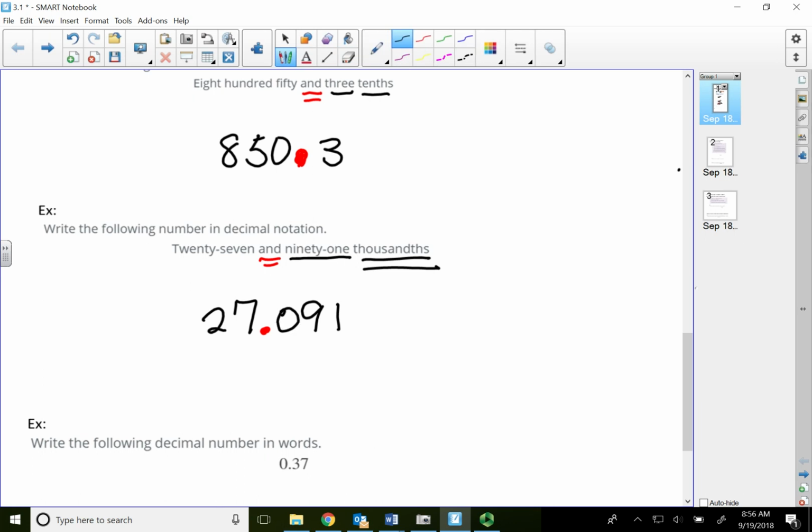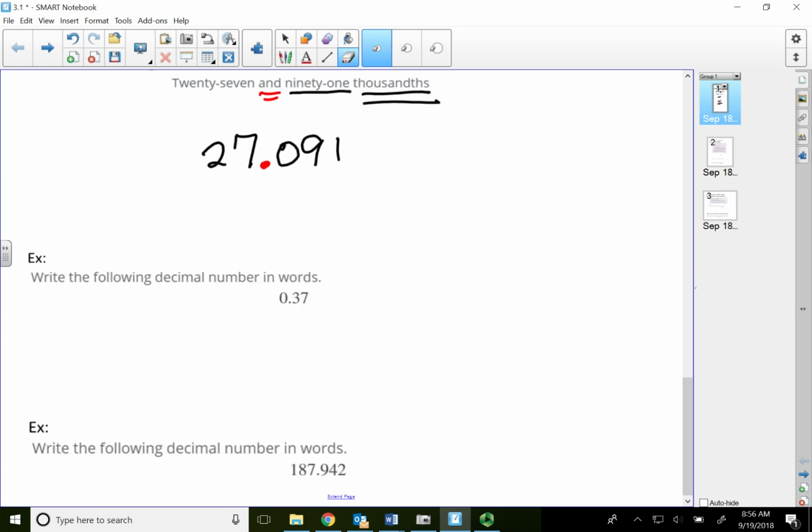Because if I add a 0 here, the 0 will be on the tenths, the 9 will be on the hundredths, so the 1 can be on the thousandths. Okay, so 27 and 91 thousandths is actually 27.091. All right, just be careful when we read this. In this problem, the last digit has to be on the thousandths.